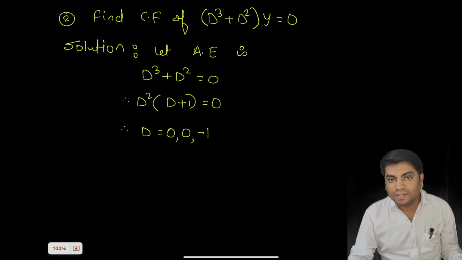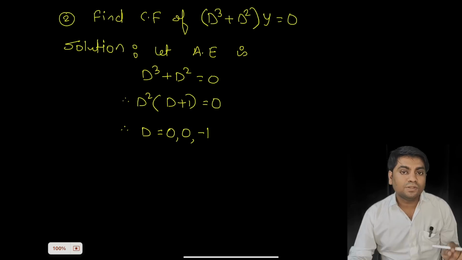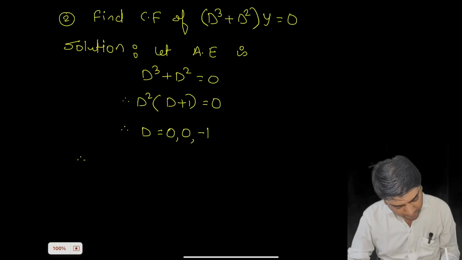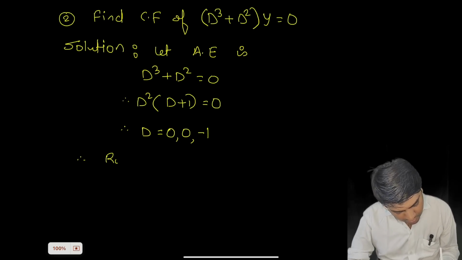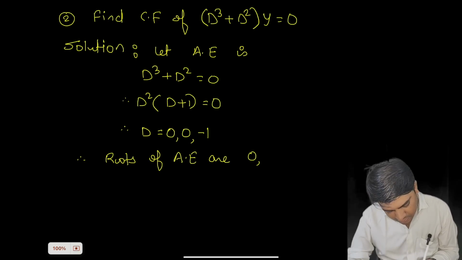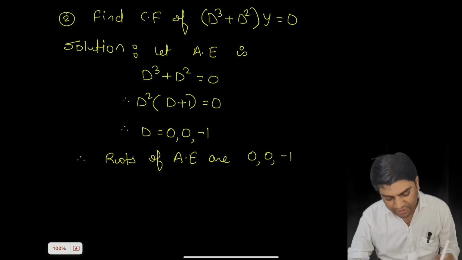Now here we have three roots 0, 0, minus 1. Okay, so out of these three roots, the two roots 0, 0 are repeated but real. Okay, so therefore roots of auxiliary equation are 0, 0, minus 1.